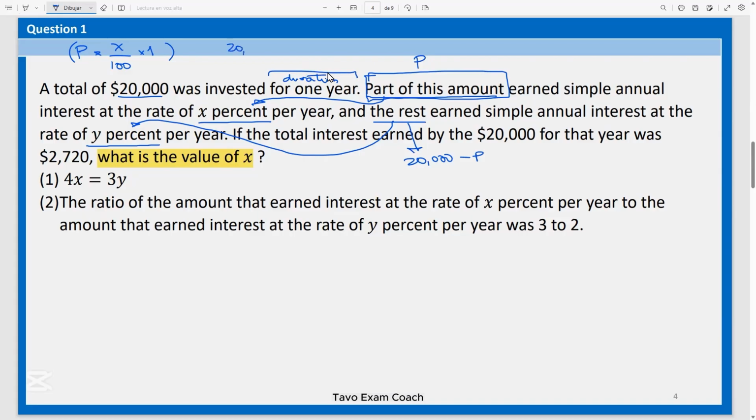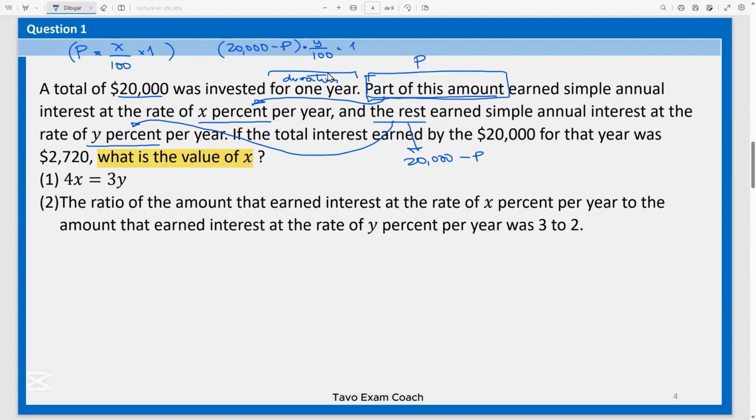So $20,000 take away P would be invested at Y% for 1 year also. So this product represents the interest earned by the second part of the $20,000.